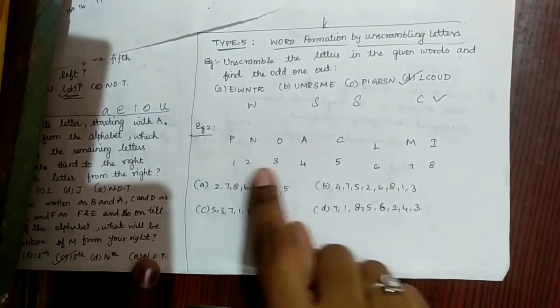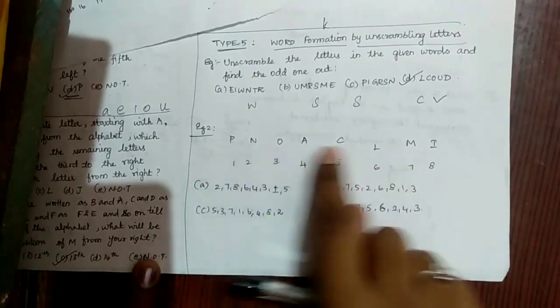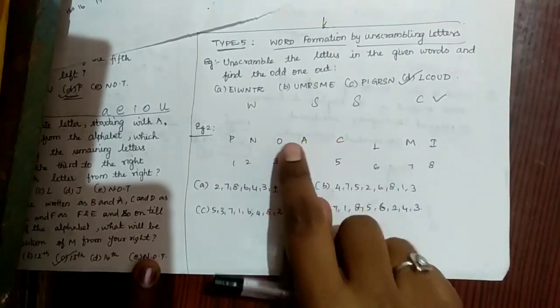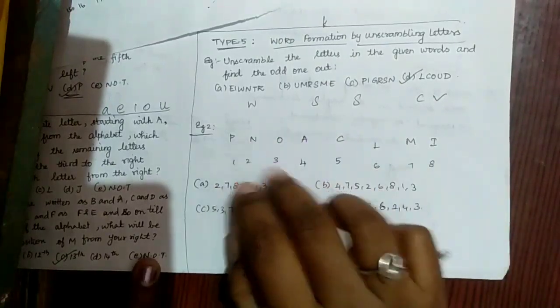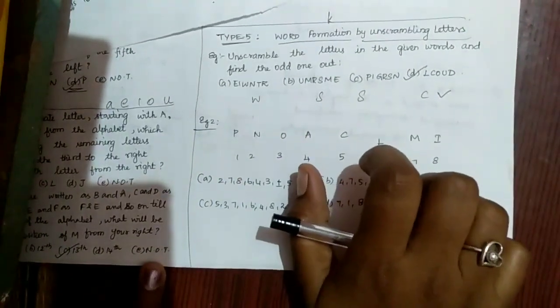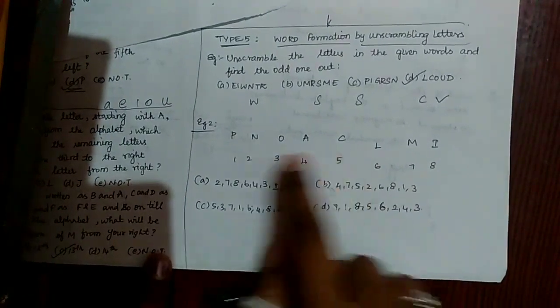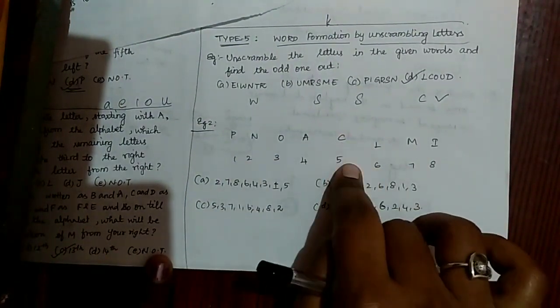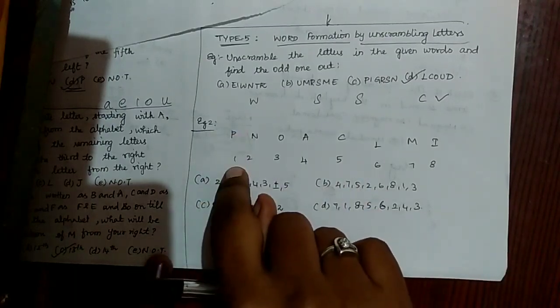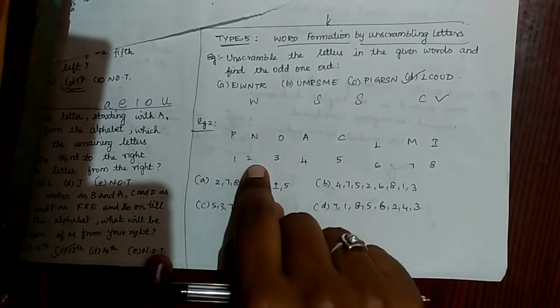We have to arrange them in order. So this is COMPLAIN, right? We have all these letters of the word, right? Okay, so the correct first letter is 5. For this word, C is assigned a value of 5, P is assigned a value of N, and N as 2, like that.